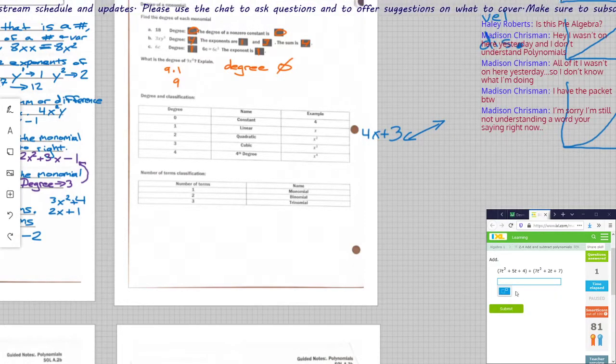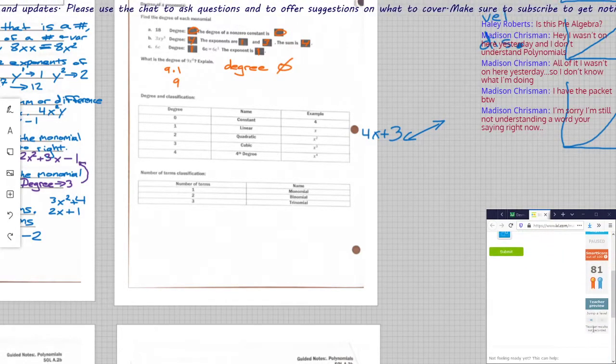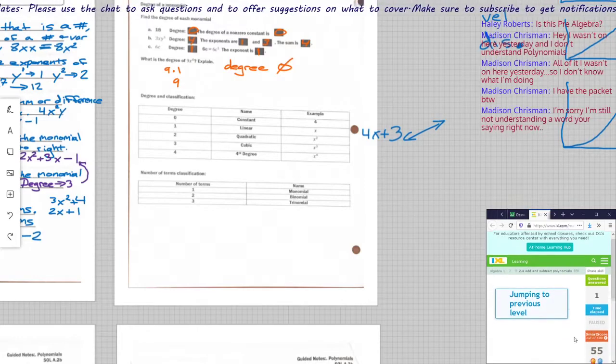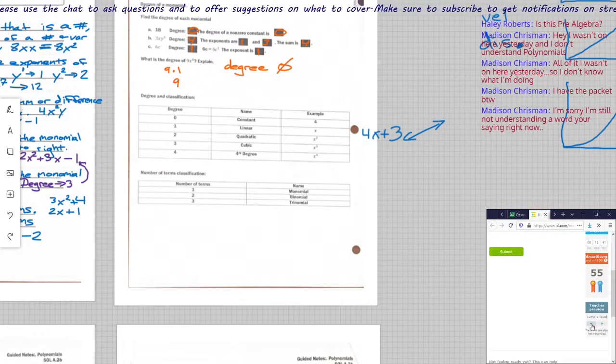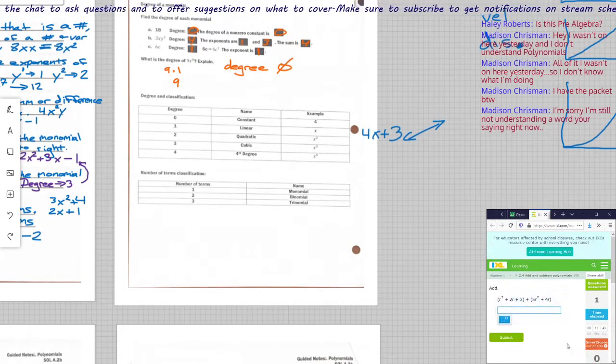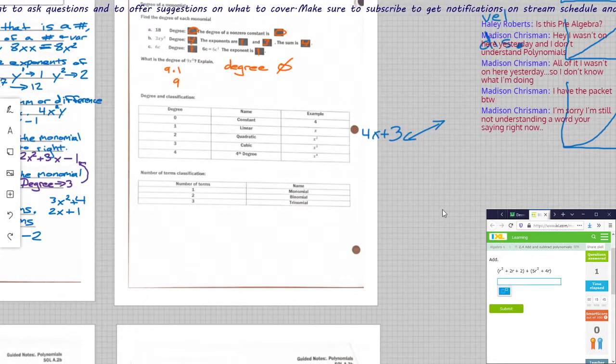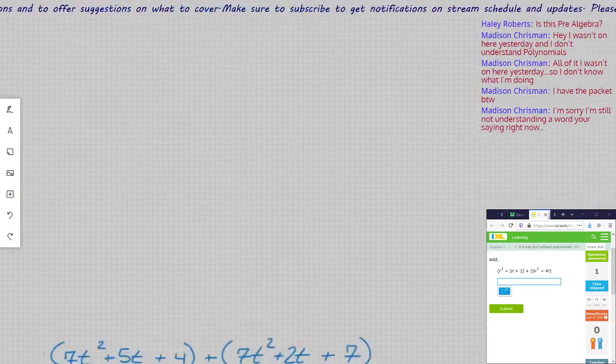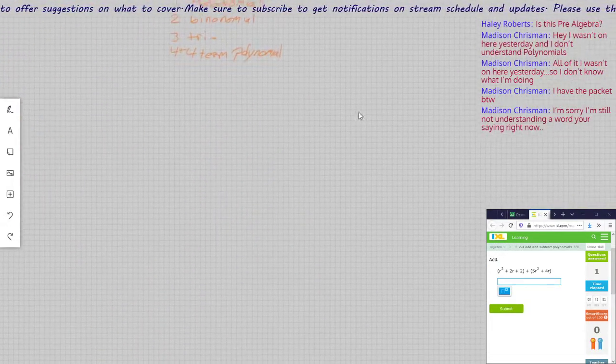So what I'm going to do is bring this IXL down levels, and we'll start from the beginning so it's a little bit easier to pick up, because I don't want to go through the notes again, unless you want me to, I could. But I do have a video of that.